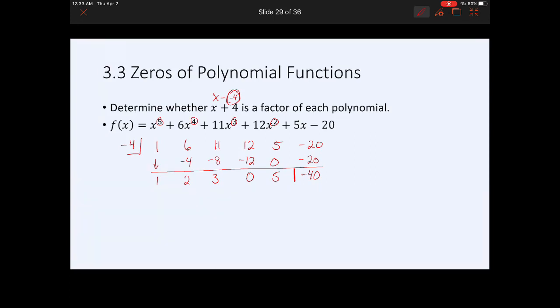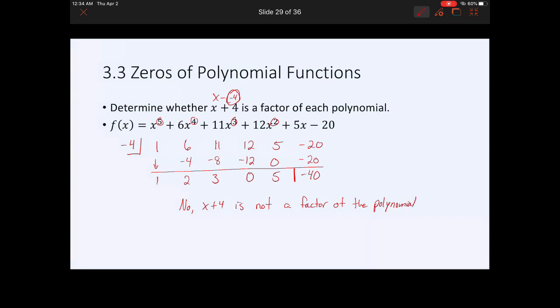Then 3 times negative 4 is going to be negative 12. 12 minus 12 is 0. 0 times negative 4 is 0. 5 plus 0 is 5. 5 times negative 4 is negative 20. Negative 20 minus 20 is negative 40. That is not going to give us 0.